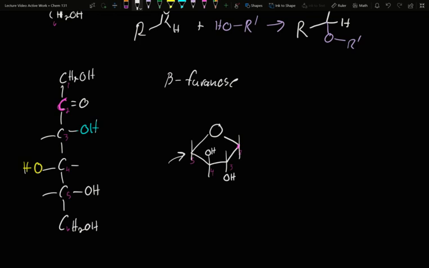Carbon 5 is the one whose oxygen made the ring. So there is no OH on carbon 5. There is, however, a hydrogen and an extra carbon. Since the OH that made the ring was a D, it was on the right side, our extra carbon will go up. So there's a carbon there.